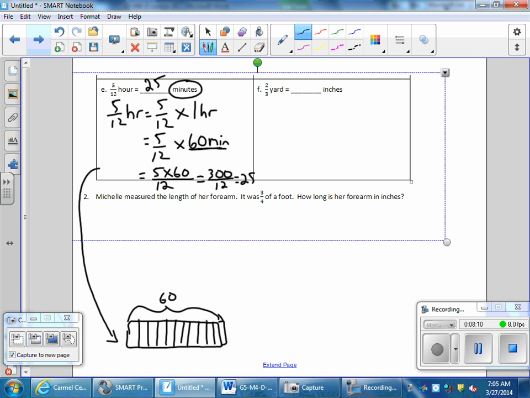Okay. 60 divided by 12 would be 5. Each unit is 5. 5/12 would be 25 out of 60 minutes.